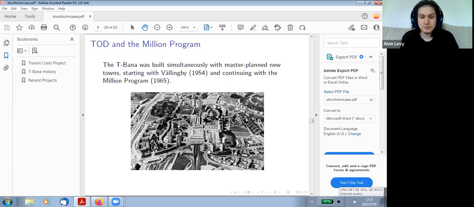So the idea is you have a metro line, in this case it's the green line, coming out of city center, and it has stations, and around each station there would be this kind of pearl, and then the next station would have its own pearl, where the idea is that you would have not just relatively high housing density.